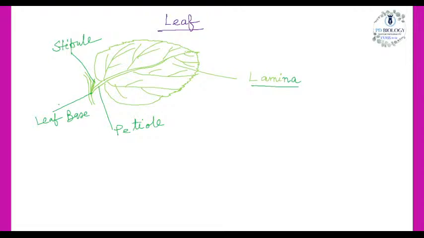In some leguminous plants, the leaf base may be swollen. This type of swollen leaf base is called pulvinus.